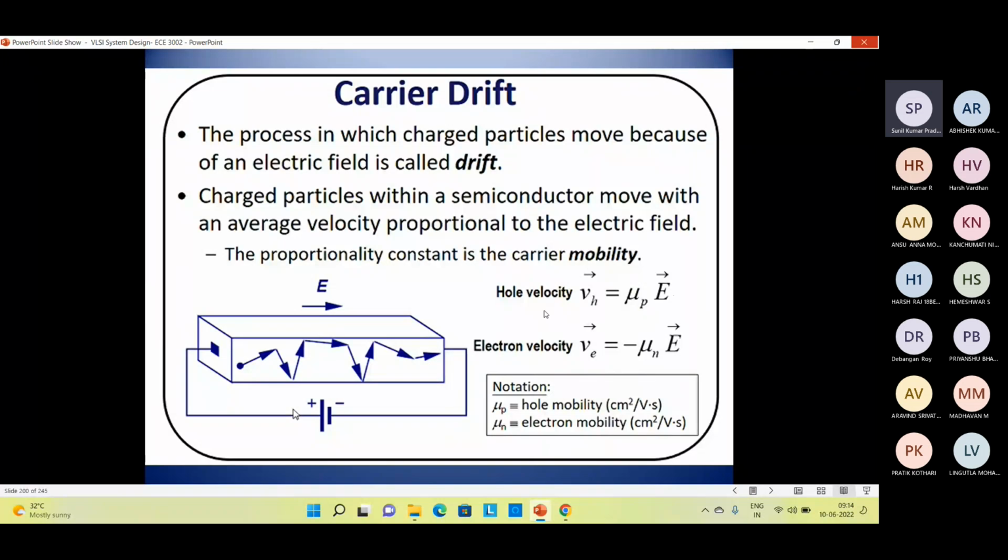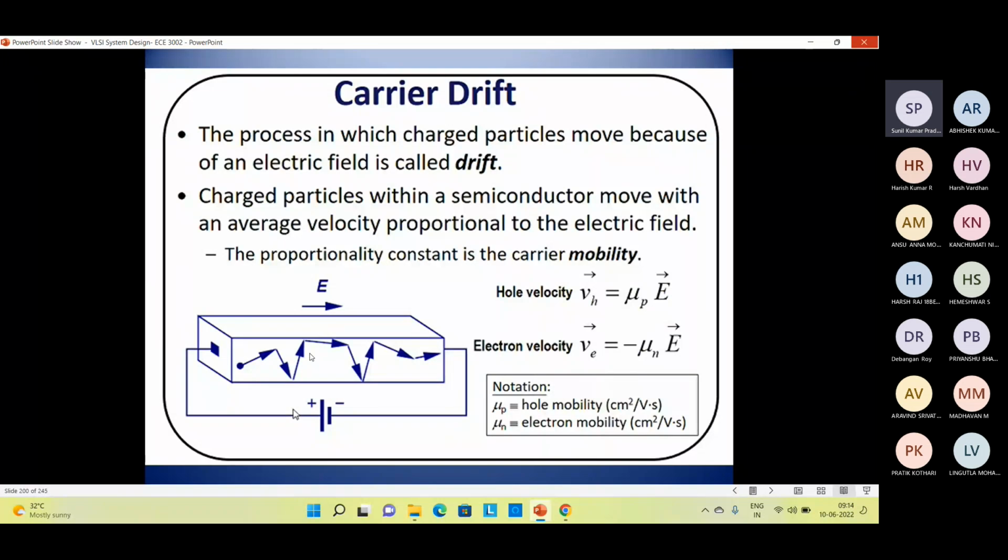The hole velocity will be Vh equal to mu p into E. So all the relations are the same. The only difference is the polarity. In case of electron velocity, we put the negative sign here, and for hole drift velocity it is mu p into E.